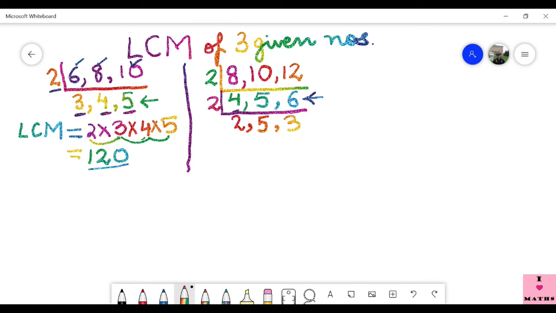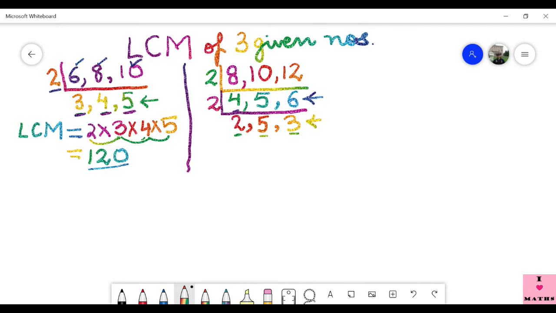And 2 3s are 6. Now think of a prime number which will divide 2, 5 and 3 fully. All these three numbers are themselves prime numbers, so they are also co-prime numbers. So there is no number which can divide these three numbers fully.